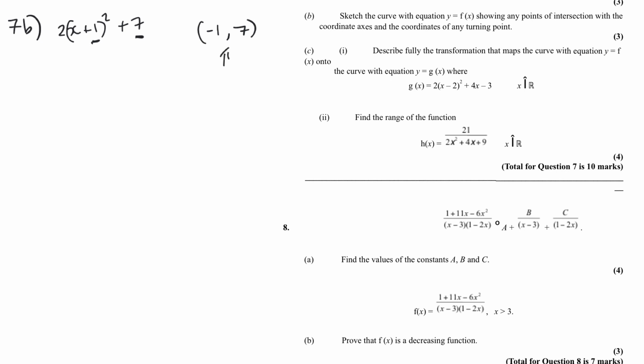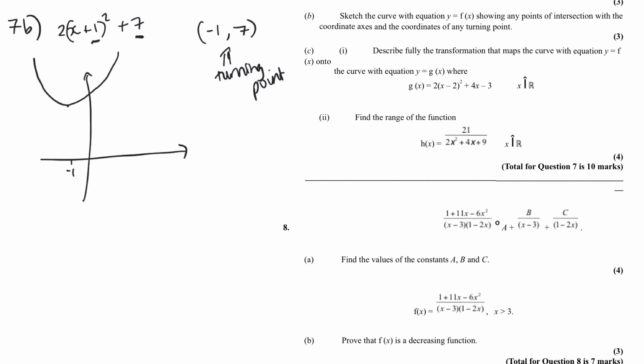So this is for our turning point. So if I quickly sketch a graph, that's -1 and 7, so there'll be something there. And again, it's a quadratic graph, so something like this.